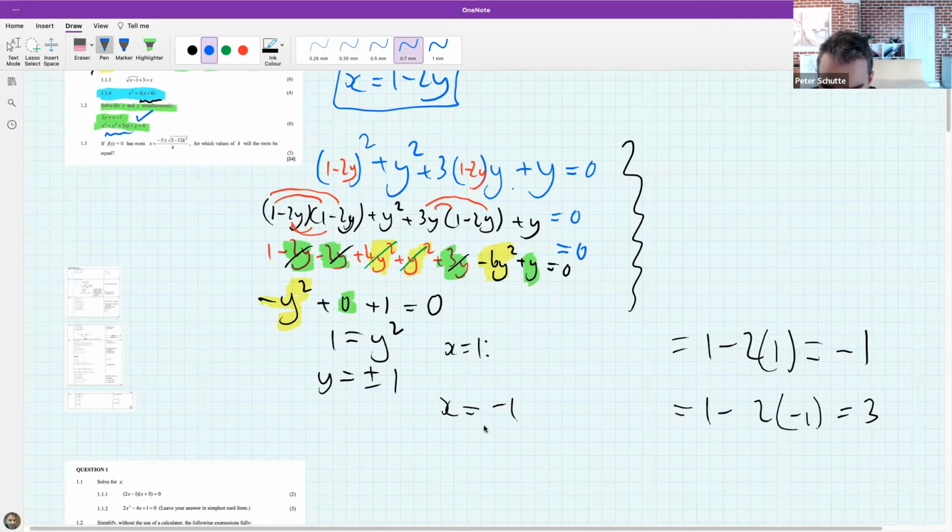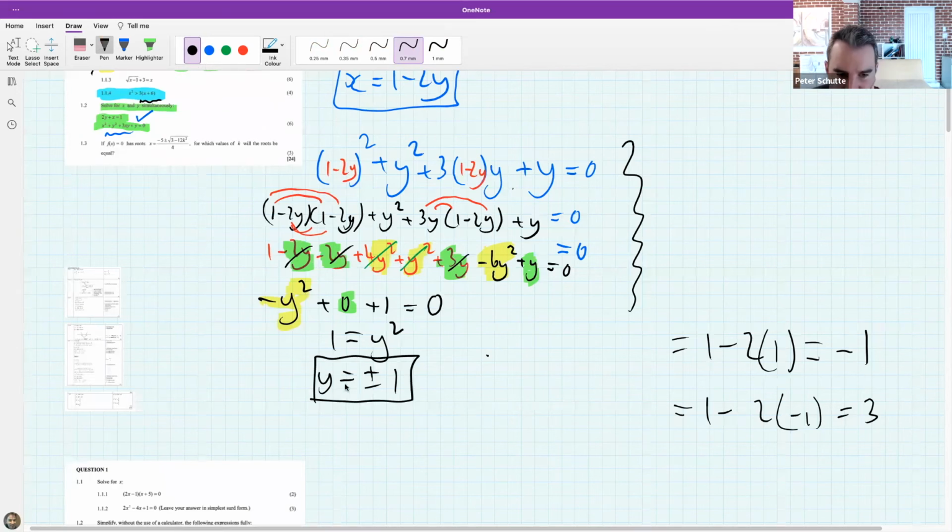We were solving for x now. The reason I'm confusing myself is I'm saying this is y. So in summing up, y was plus or minus 1 from the general thing. And then we took the formula, x is 1 minus 2y, and these values over here are my x values. And that's how we get the simultaneous equation. So, answers. Okay.